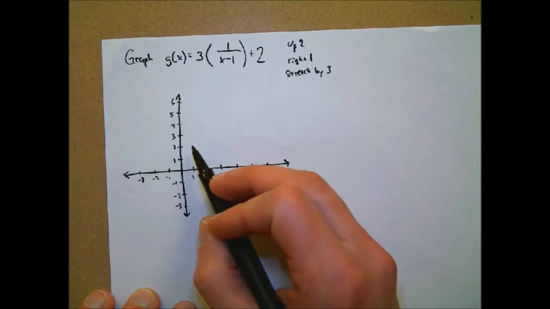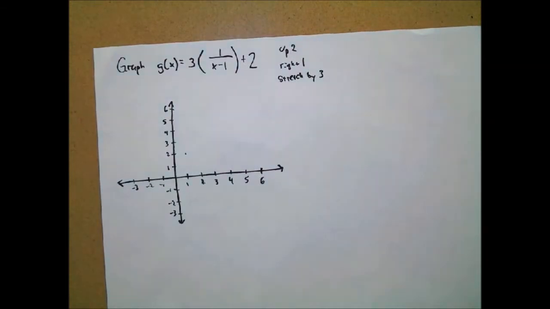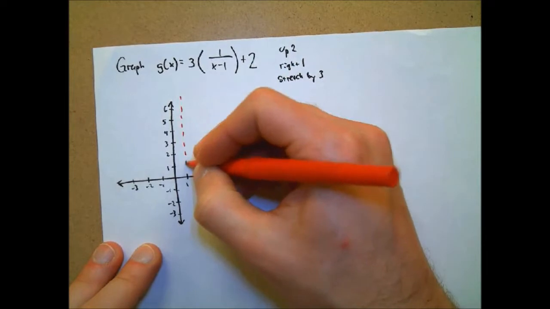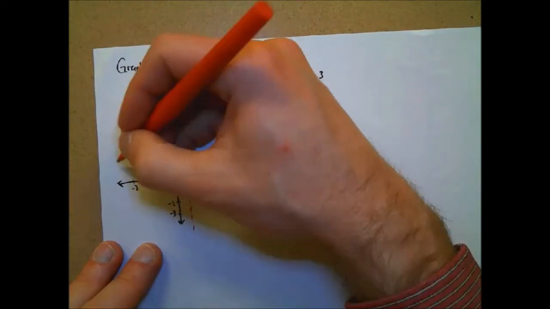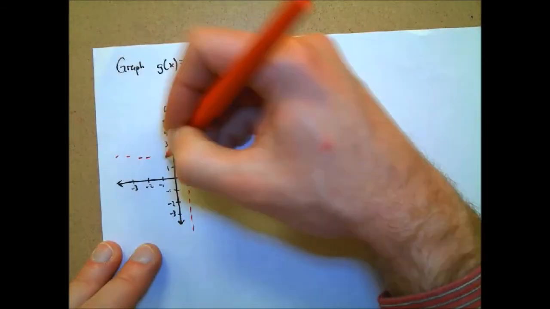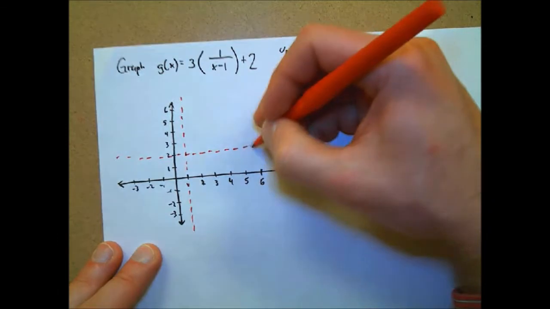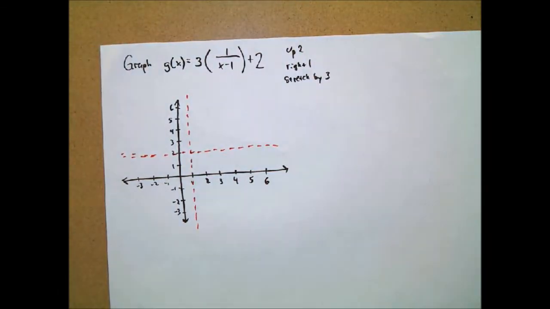So I'm going to draw the vertical asymptote. I'm going to use red here for this. So we'll draw the vertical asymptote right through that point. Okay? And then I'll also draw the horizontal asymptote through that point as well. So those are our new center or crosshairs, whatever you want to call it, for your targeting.